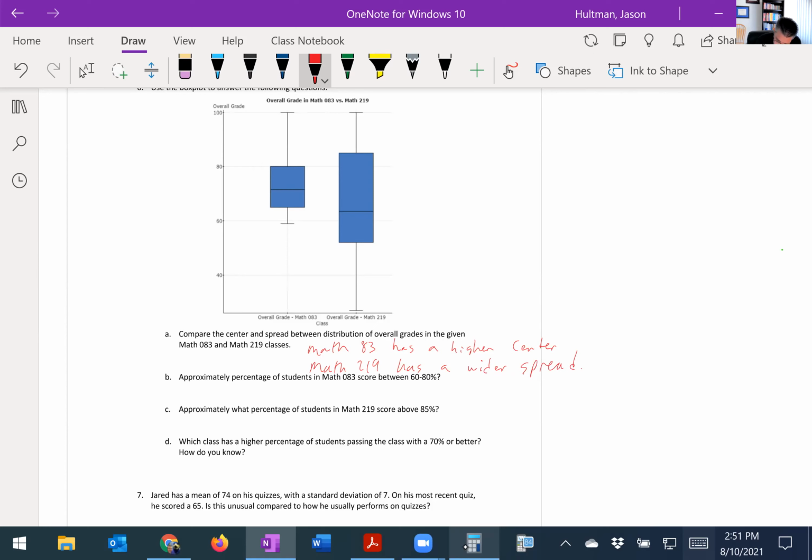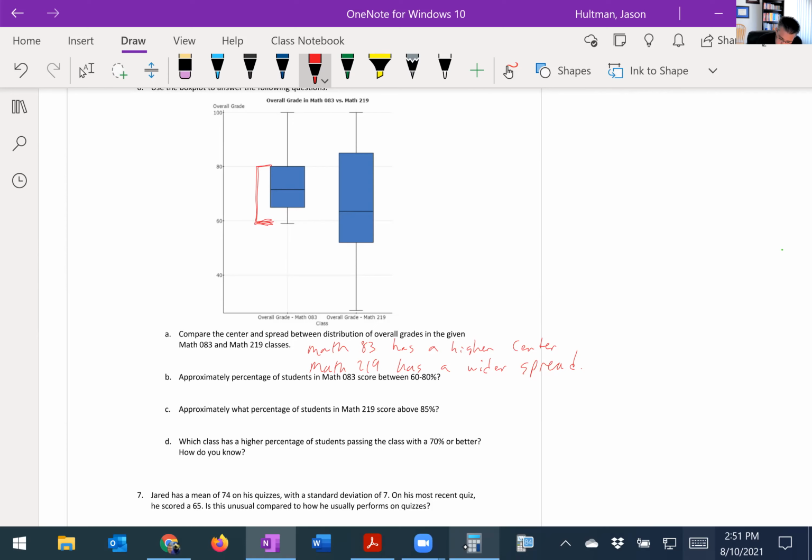Approximately what percentage of students in Math 83 score between 60 and 80? So we can see that the lower 3 quartiles are between 60 and 80 for Math 83.